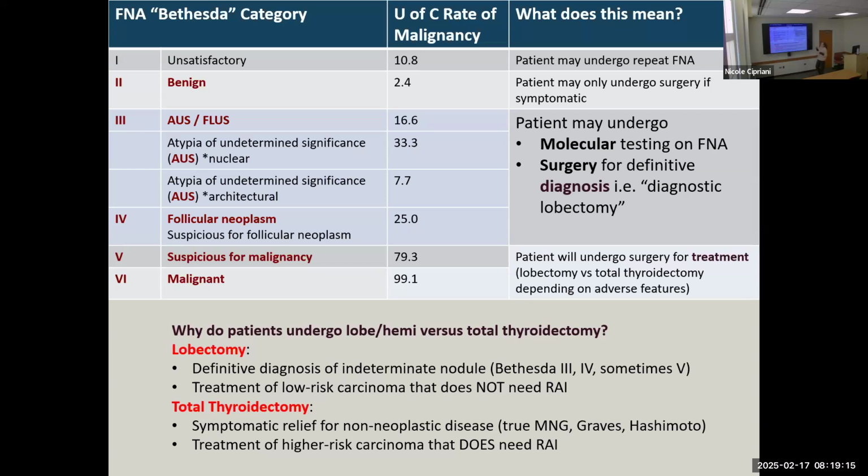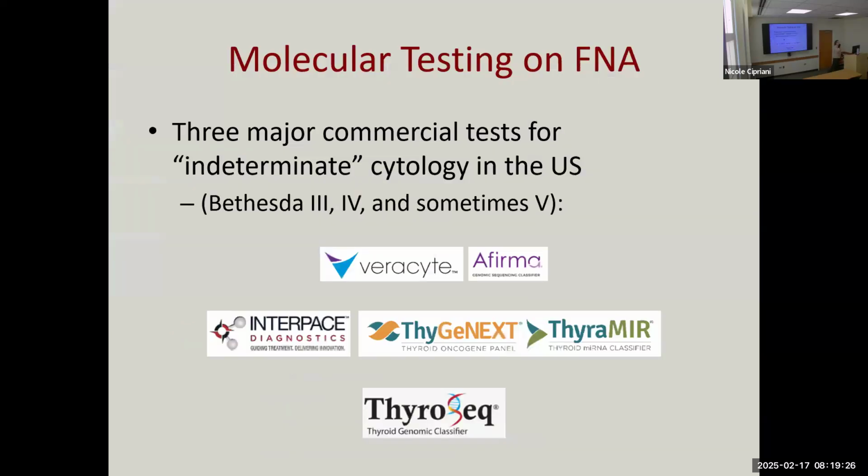And so that's currently standard of practice for thyroid aspirations, to send for molecular testing anything in that indeterminate category, because you want to be able to spare surgery for those that don't need it because it's actually benign, and triage people for surgery in which that actually might be malignant.